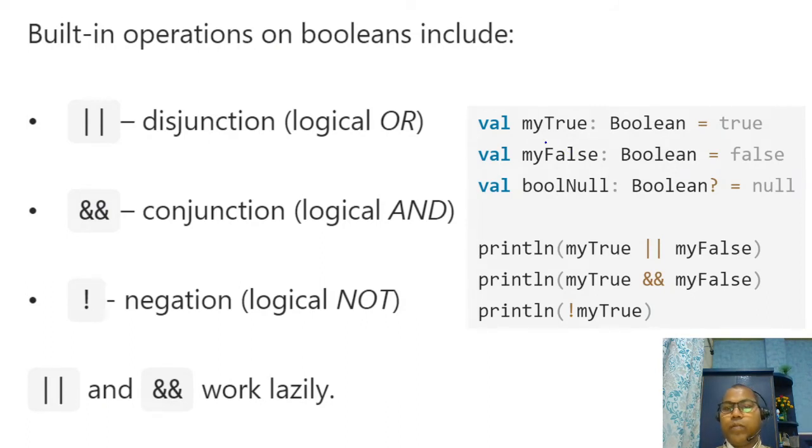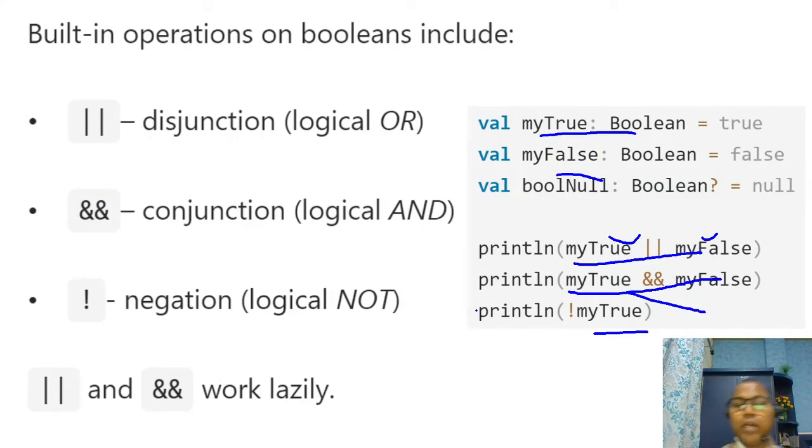If you have a boolean variable, true and false, then you can apply or, and, not. If you apply logical or, that means if any is true it's considered true; if the first is true, the second is not evaluated.